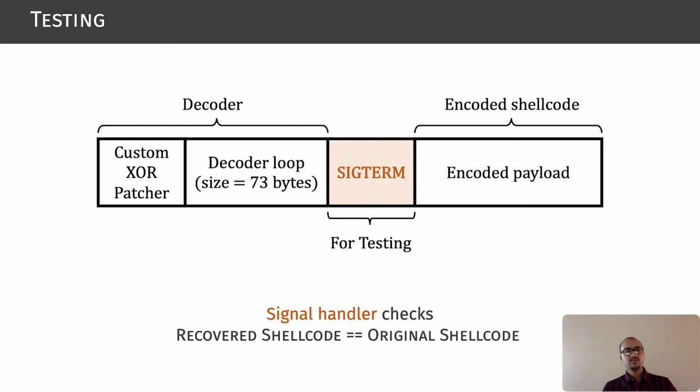Once the SIGTERM is raised, a signal handler is invoked and it performs a byte by byte comparison of the recovered shellcode with the original shellcode. This is how we test for correctness. Note that this SIGTERM portion does not actually remain in the final output of PSC. This is only output when we are actually testing out the tool.